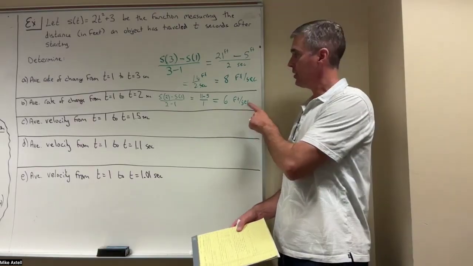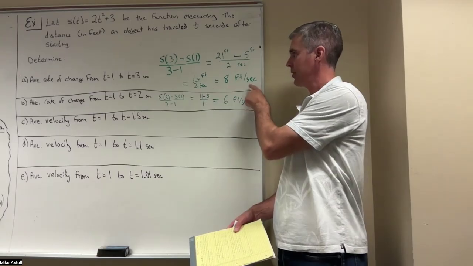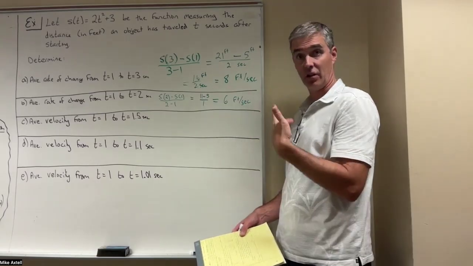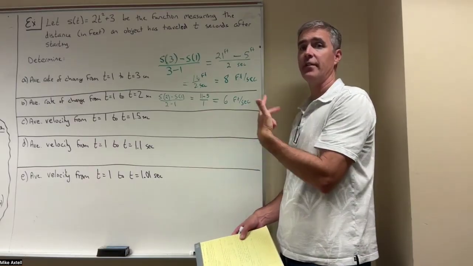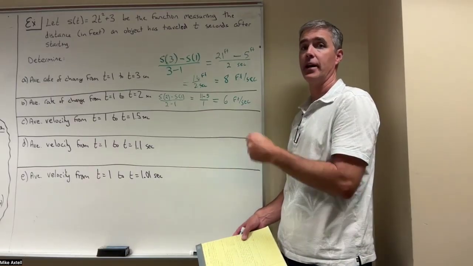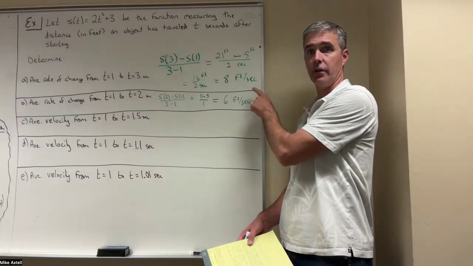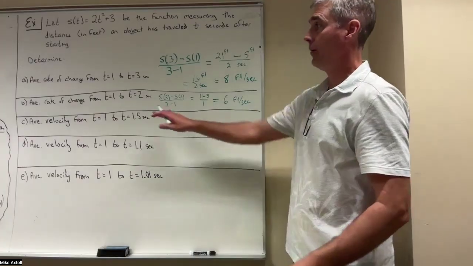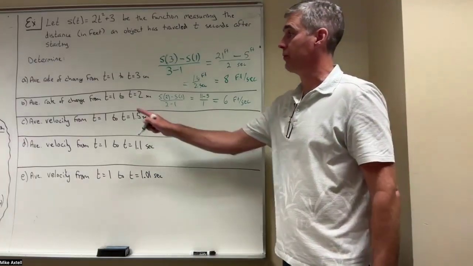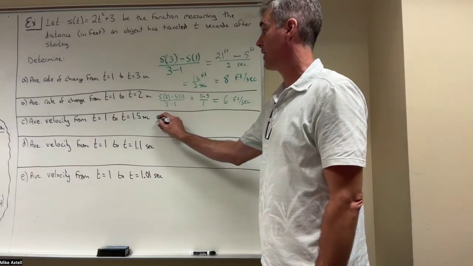All right, now please note this average rate of change of position, the units are feet per second. So that's like velocities. So for the next three, instead of average rate of change, I'm going to say average velocity, since the rate of change is the velocity for this particular problem, okay? All right, so I'm going to do the average velocity from time 1 to time 1.5. So last time I'll write it this way.